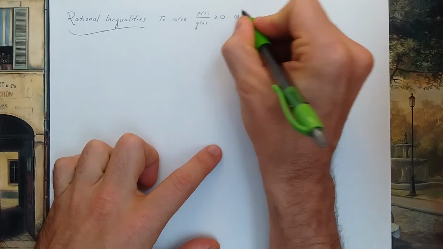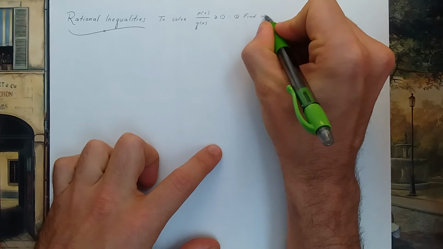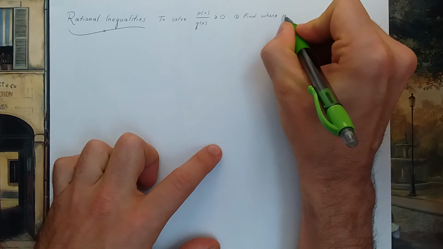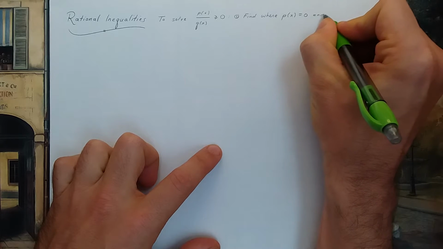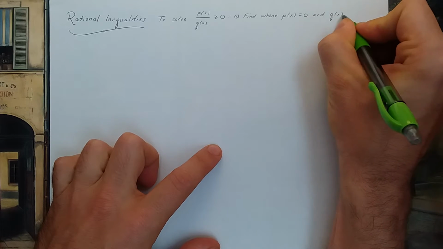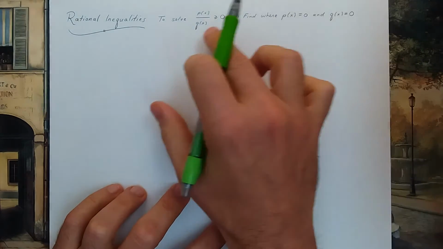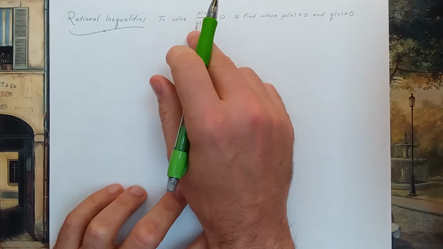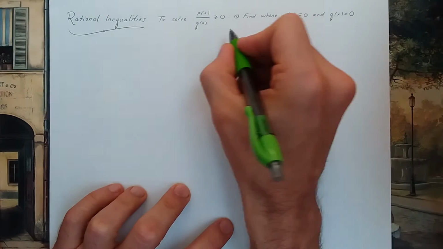The first step is you just find where p of x equals 0 and where q of x is equal to 0. These are the places where the sign of this rational function could possibly change from positive to negative or vice versa.